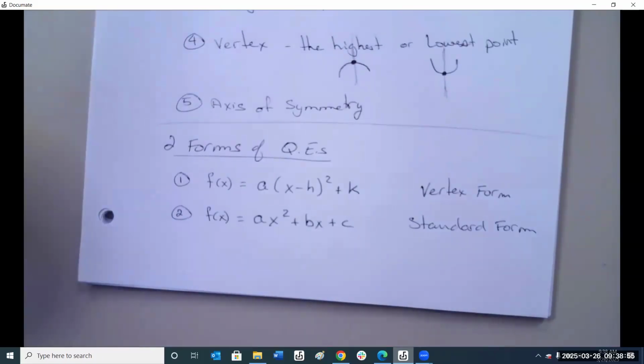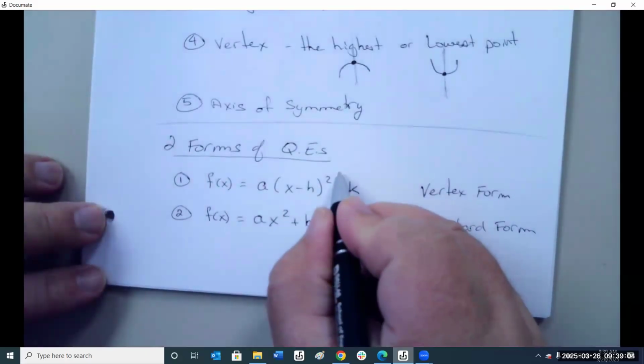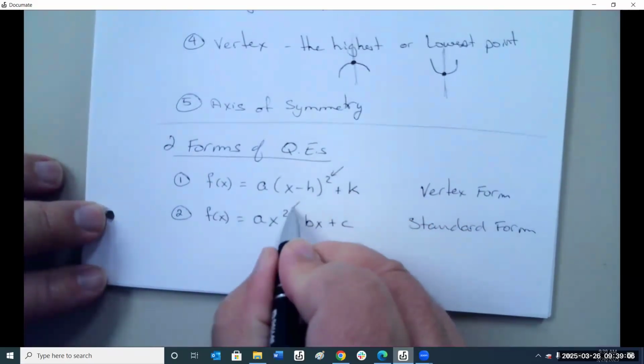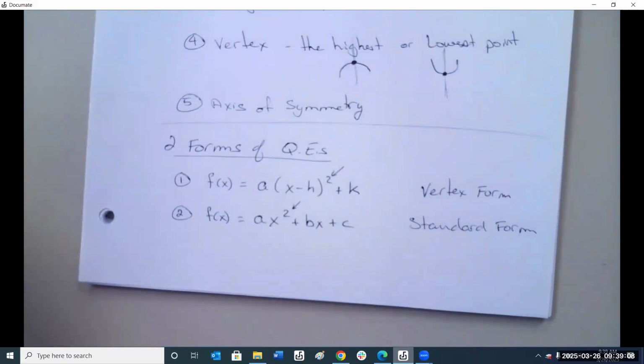How do we know these are quadratic equations? Because of the degrees, because the largest degree is 2. That's what tells us they're quadratic equations.